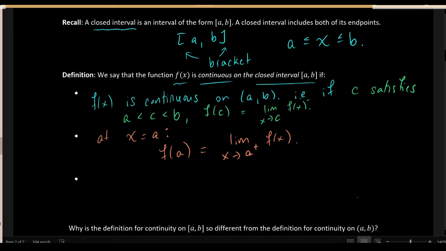Notice that the only thing that has to be true is that the function's value has to match the right-sided limit. Based on the data in this bullet point, who cares what the limit as x approaches A from the left side is doing?